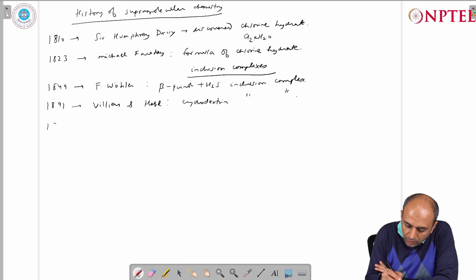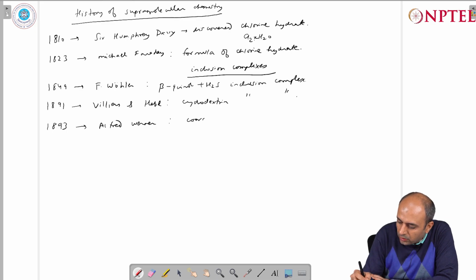And then came a very important landmark in the field of coordination chemistry, when Alfred Werner discovered coordination compounds.